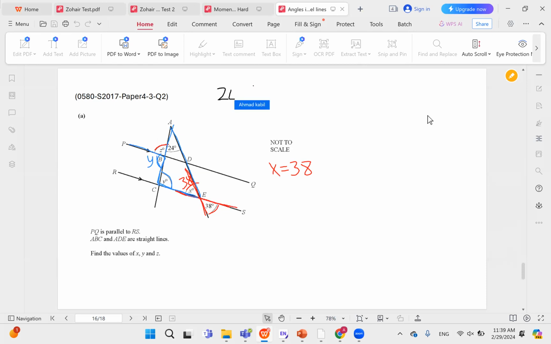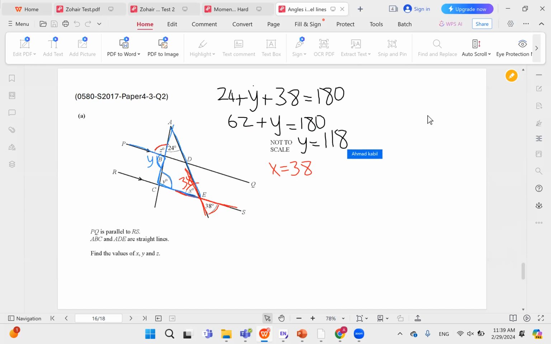So we have 24 plus y plus 38 equals 180. And then 24 plus 38 is 62. So 62 plus y equals 180. So y equals 180 minus 62, which is 118. So now that we have y equal to 118, we can substitute it in the blue y as well. So this is 118, and this is 118 as well.